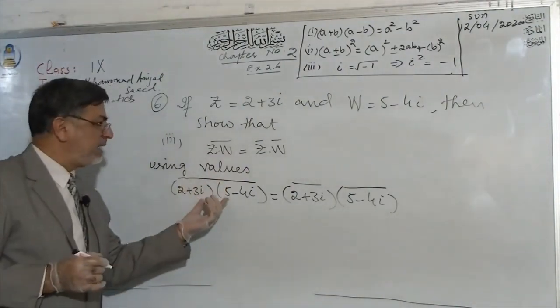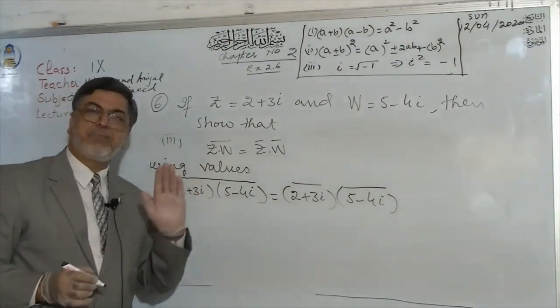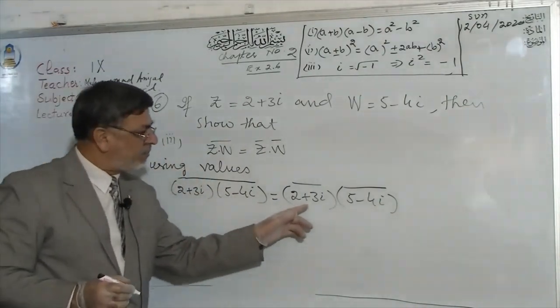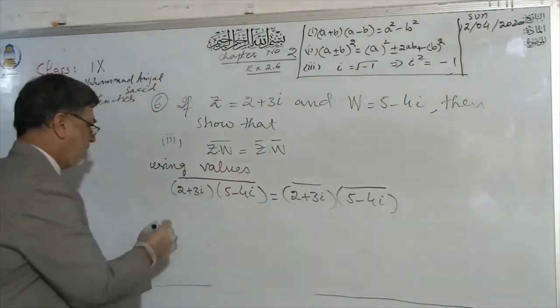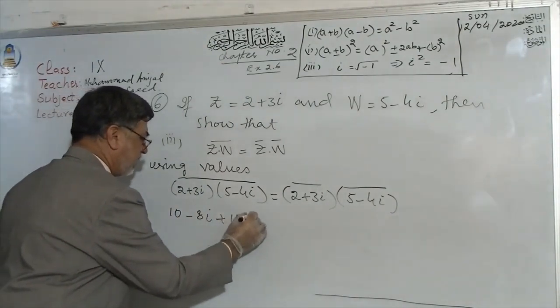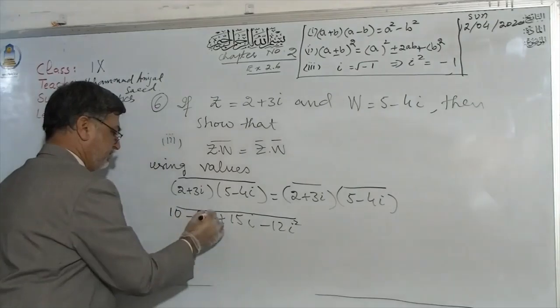You multiply these two numbers, convert into a single complex number, and then apply the conjugate. Here you apply the conjugate first and then multiply. Here is 10 minus 8 iota plus 15 iota minus 12 iota square, whole bar.